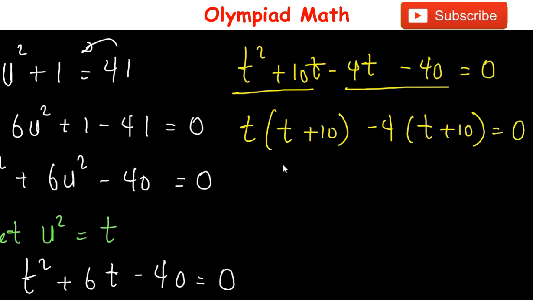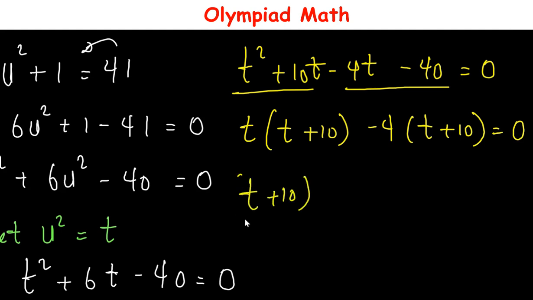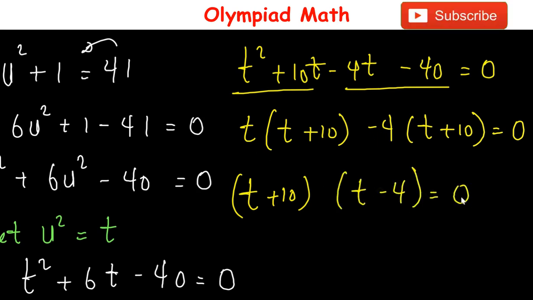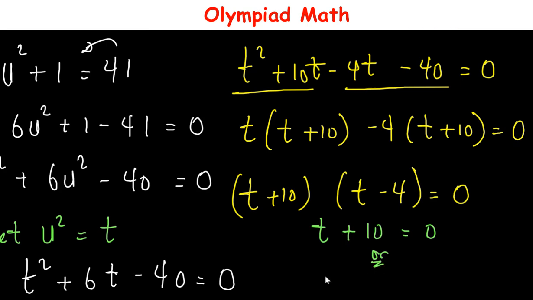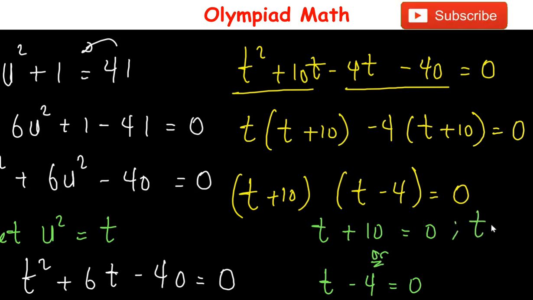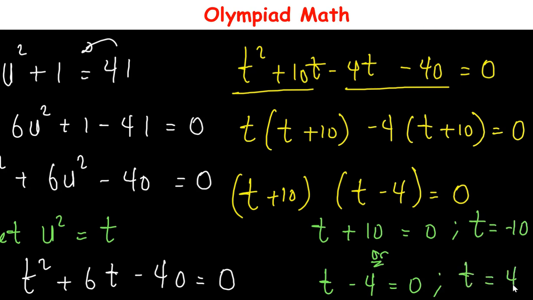So we have a common factor, t plus 10, and we have t minus 4, and this equals 0. So we equate each to 0: t plus 10 equals 0, or t minus 4 equals 0. From this, t equals minus 10, while from this, t equals plus 4. So these are the first and second solutions of the value of t.